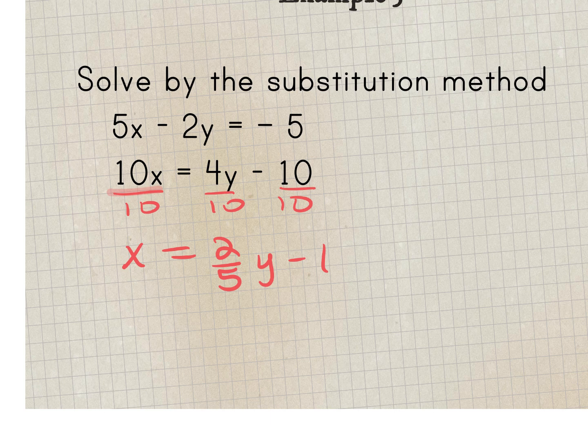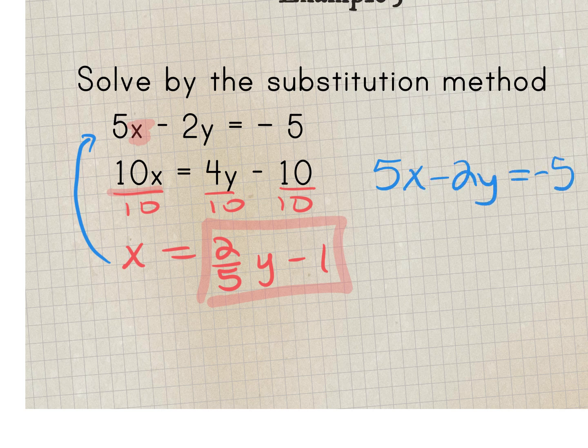So then now I have to plug it back into the other equation. So I'm going to take out x and I'm going to replace it with what x equals. So my first equation is the 5x minus 2y equals negative 5.